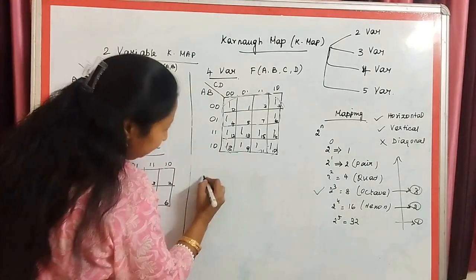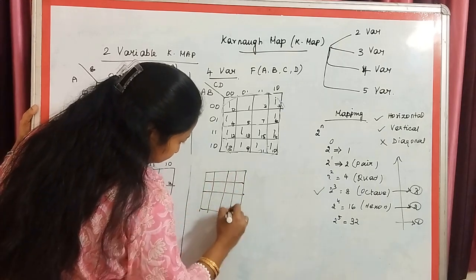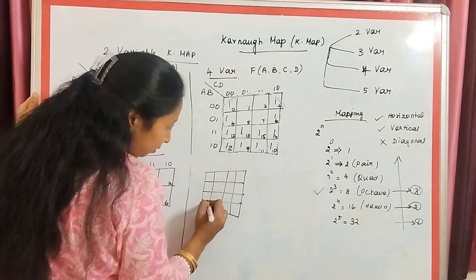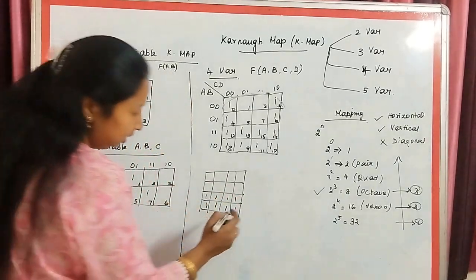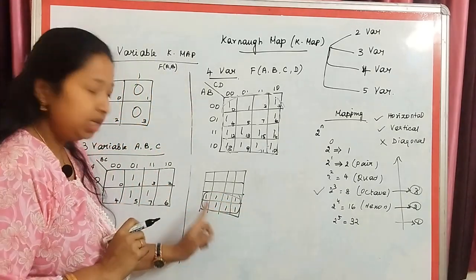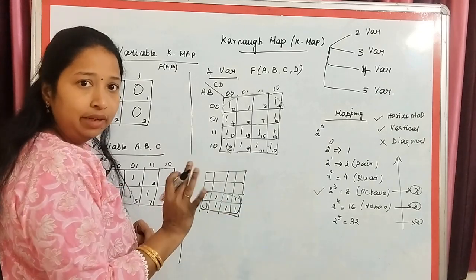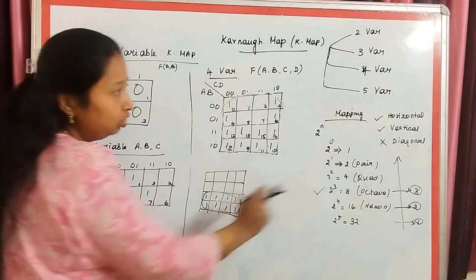Octave meaning 8 numbers together. All the numbers have to be in sequence. Say for example, if you find 8 numbers in sequence like this, then these 8 can be grouped as a single octave. Fine. This is like 8 in sequence, and this is horizontal grouping.